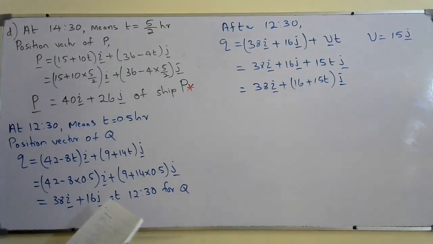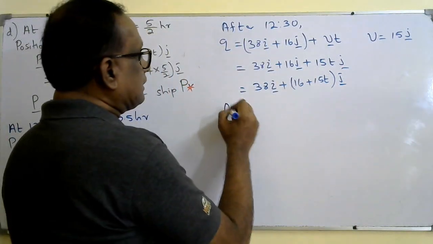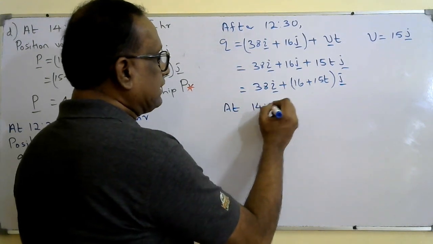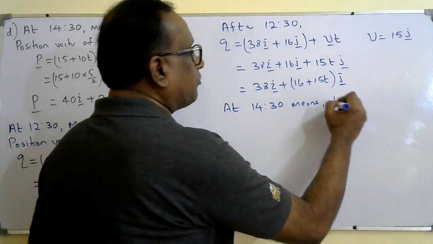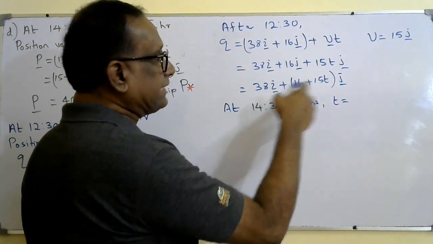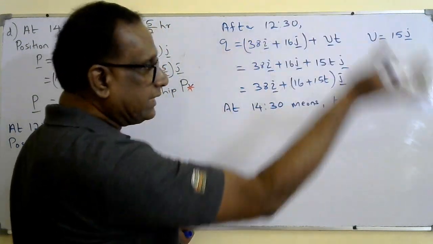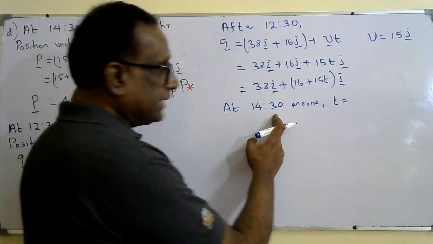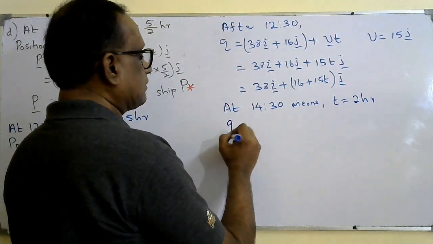Okay. So the question is about 14:30. What will be the time? At 14:30, for Q the time will be 2 hours, because this is at time t after 12:30. From 12:30 to 2:30 p.m. means 2 hours. What will be the position vector?